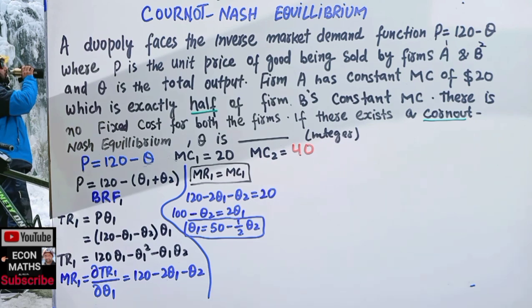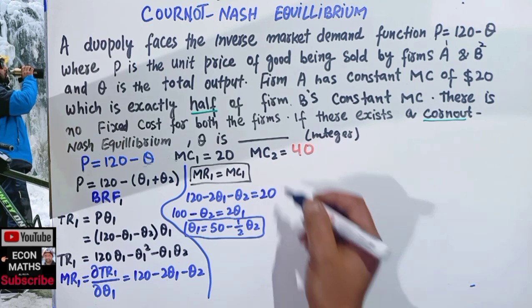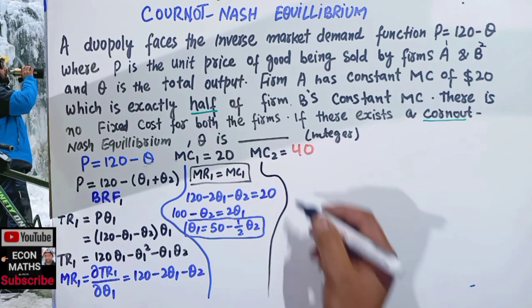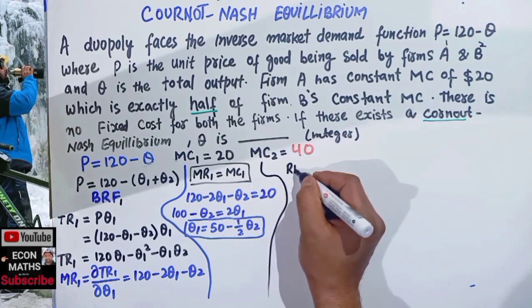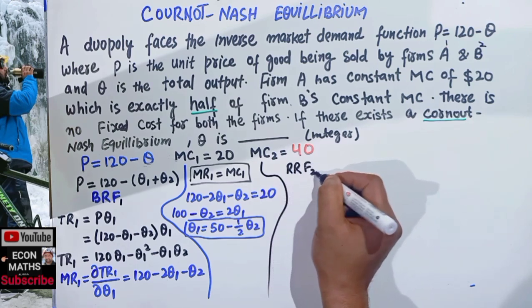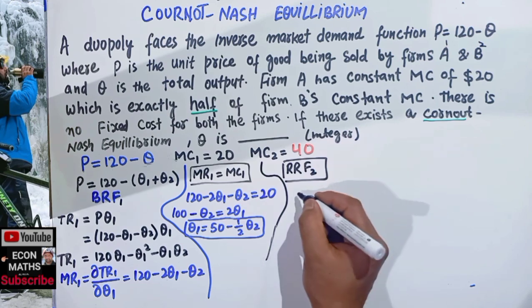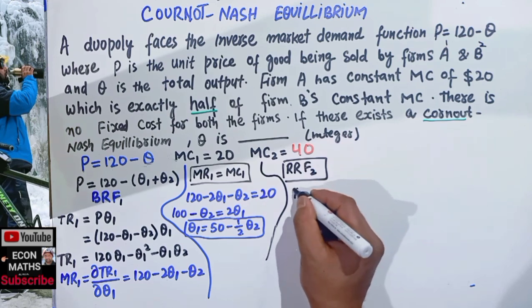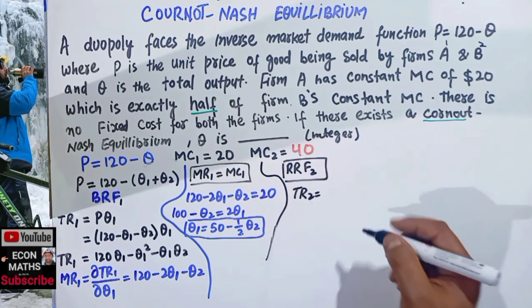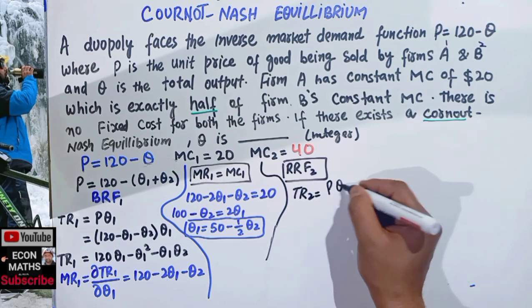Okay, symmetrically we need to find out BR2, that means the best response function of firm 2. Again the same method. First we need to find the total revenue of firm 2, which is equal to P into Q2.